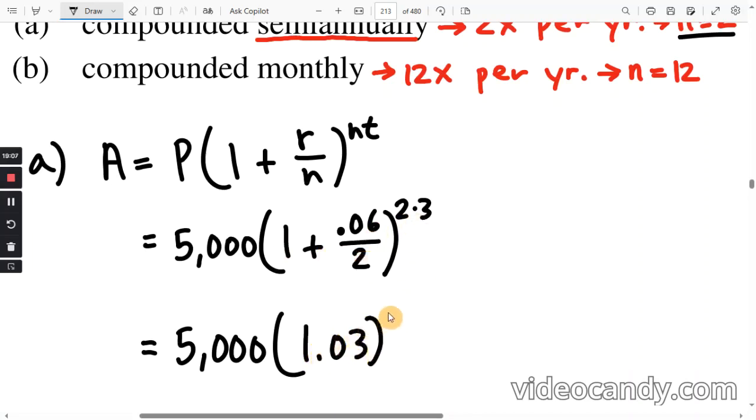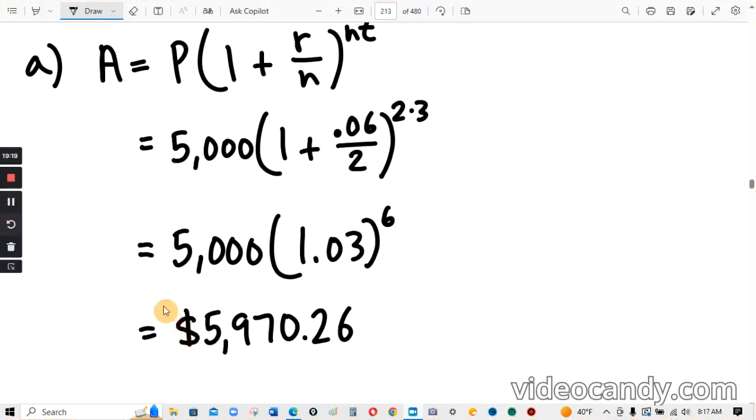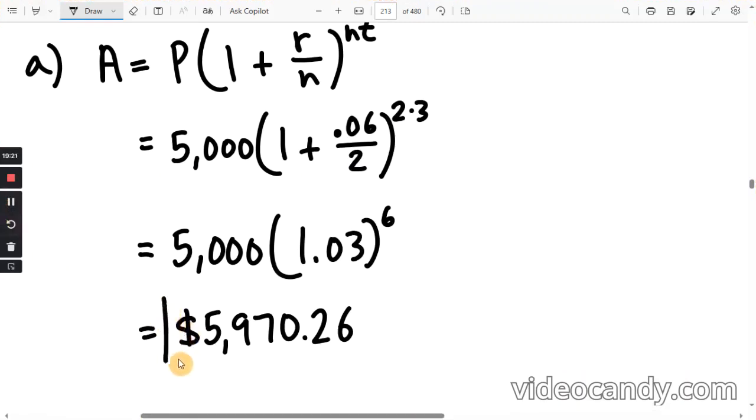And of course, 2 times 3 is 6. You can clean it up or enter it just like that. Round off to 2 decimal places, and I get 5,970.26 rounded off.